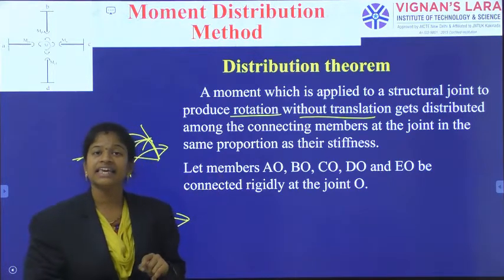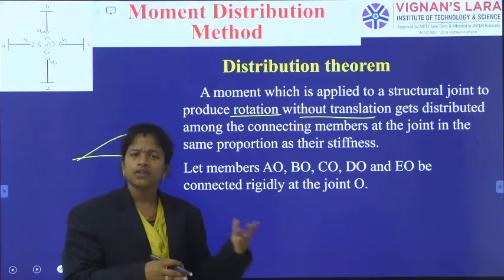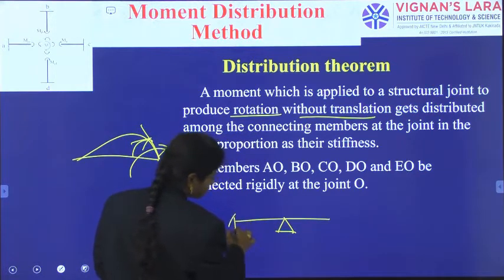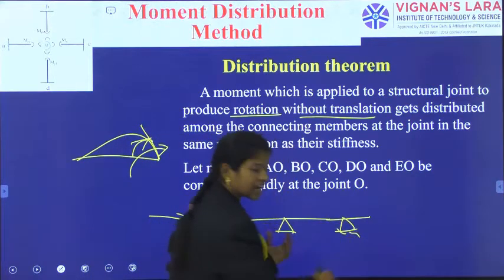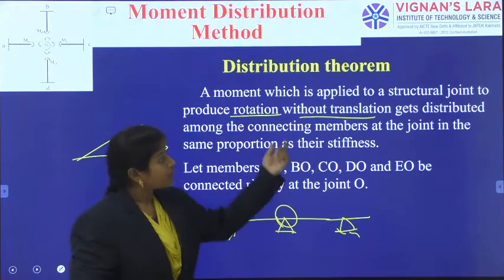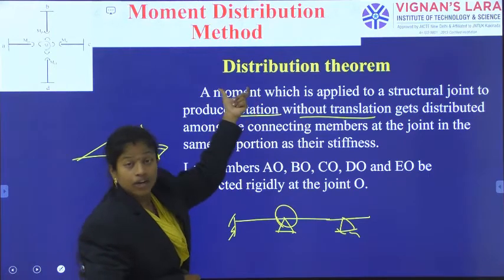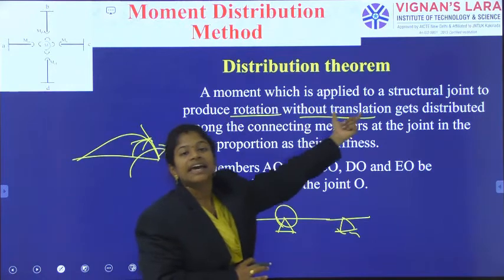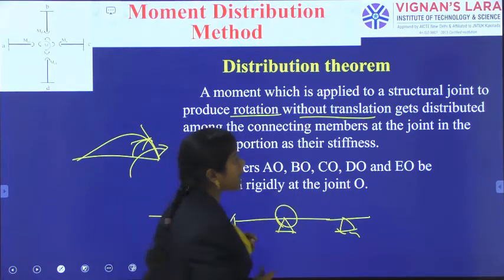So what it is saying is, when we apply a moment to a joint, the joint may be between two beams, some first segment and a second segment, with continuity between them. At this joint, if I produce a moment which causes rotation but not any translation, what happens?